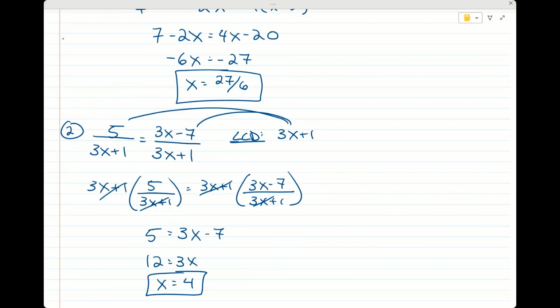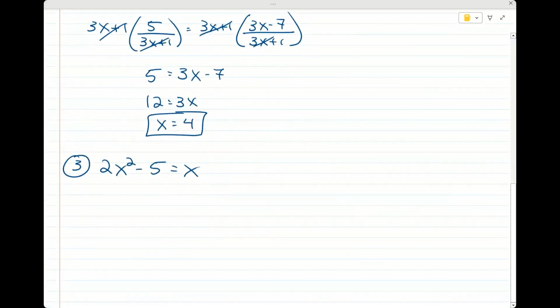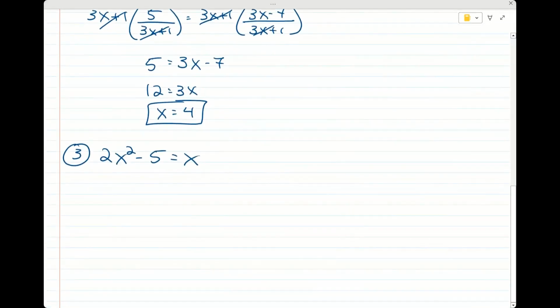So let's try something like this. How about 2x squared minus 5 is equal to x? Like I just said, you want to make this equal to 0 first. So 2x squared minus x minus 5 is equal to 0.